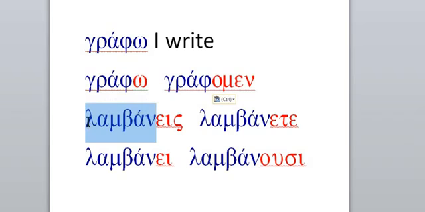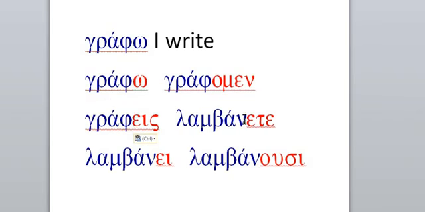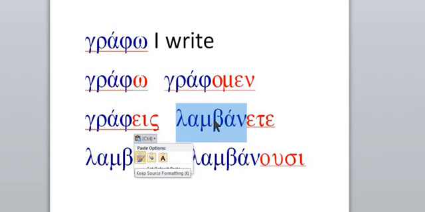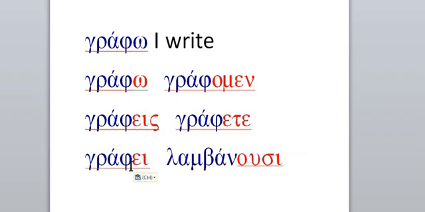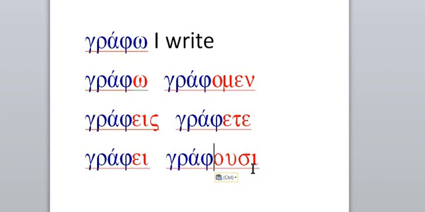Then graphes, graphete, graphei, graphousi. Okay, this is how you will be writing. Do not write graph, graph, graph, and omen, es, ete, ei, ousi. Don't write like that.